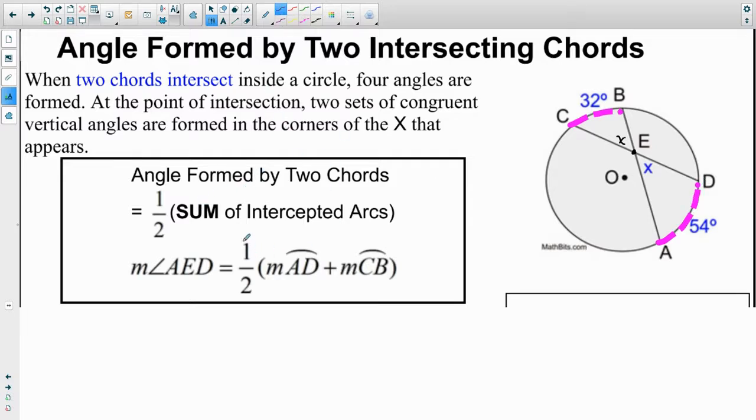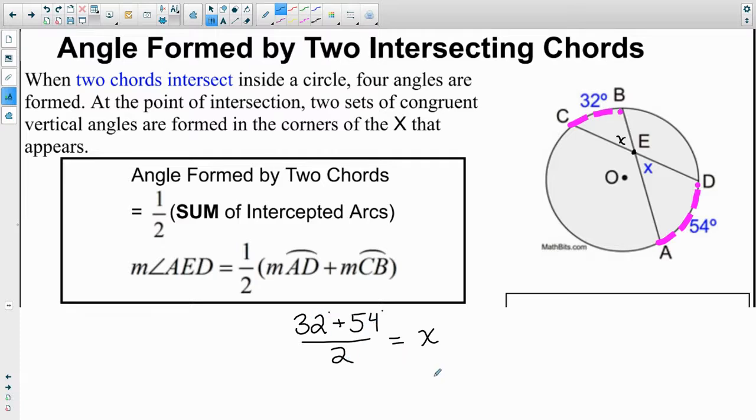So quite simply, and you can see how that's written in the other way as 1/2 the sum: if we just take those two arcs, 32 degrees and 54 degrees, add them together and divide by 2, that should be equal to our angle.